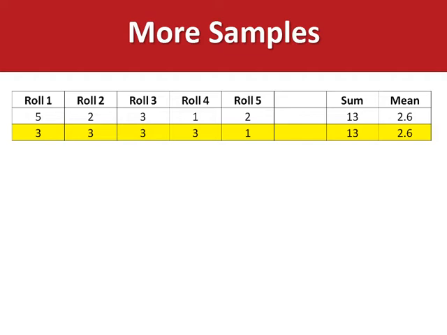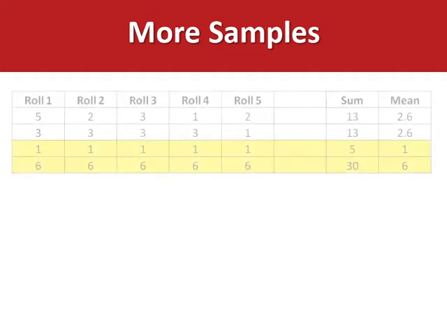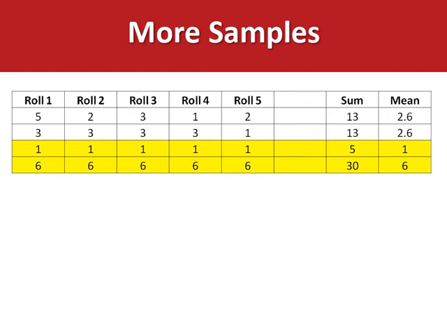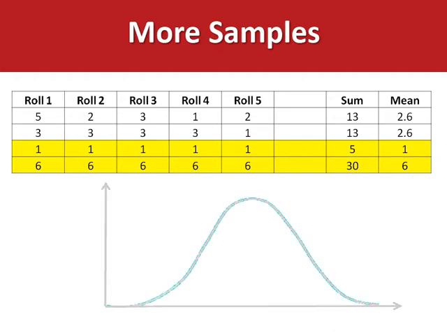So what would happen if we had the luxury of generating a large number of samples? First of all, you should recognize that when rolling a die 5 times, there are many different ways to get a total of 13. So we should not be too surprised that our first 2 samples both yielded a total of 13.